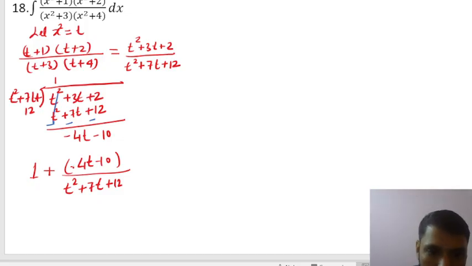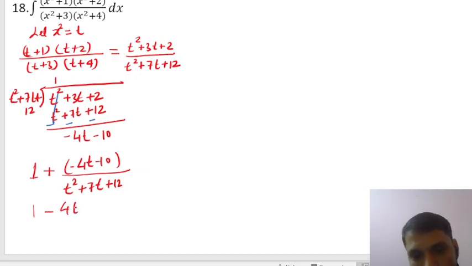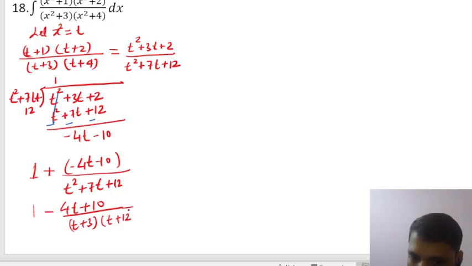Means this is 1 plus, minus will come common, so it will become plus 4t plus 10, and this is divided by t plus 3, because already when we multiplied then only we got this thing, so again we can write in the factor form, t plus 3 into t plus 4.